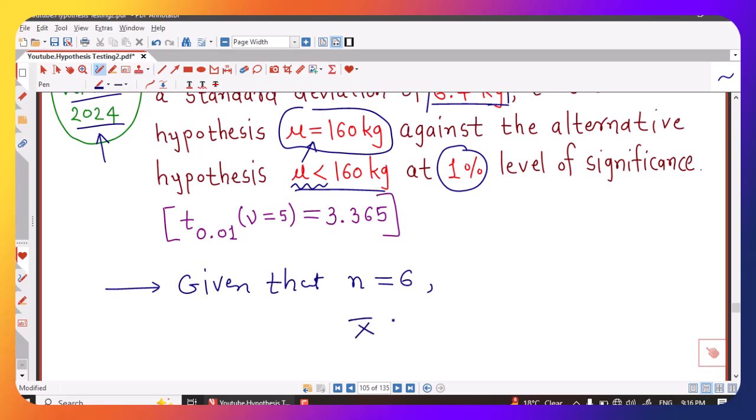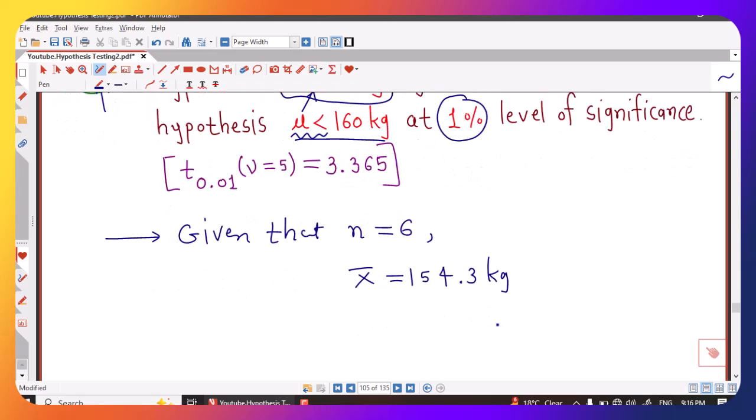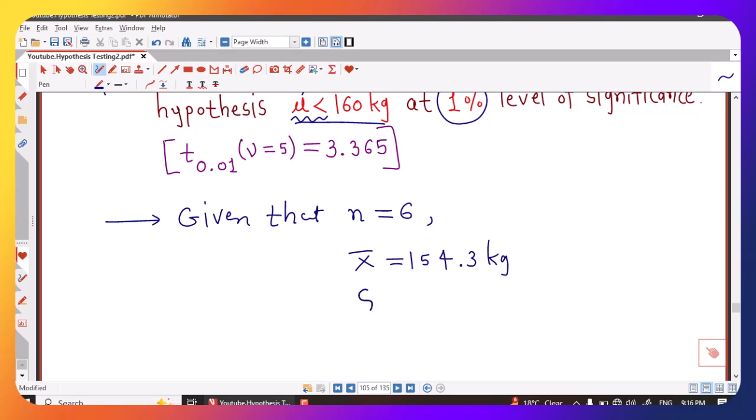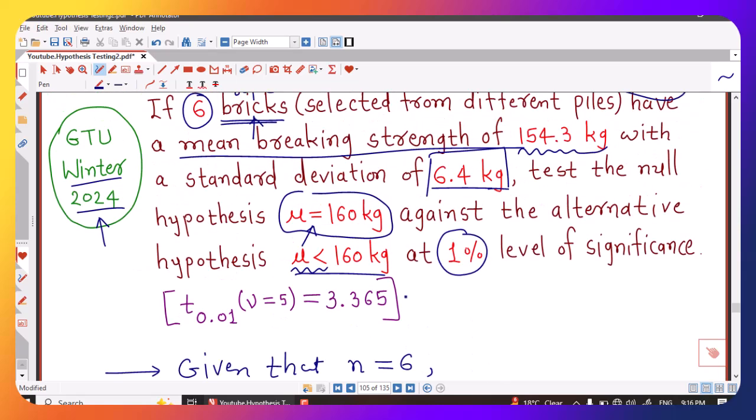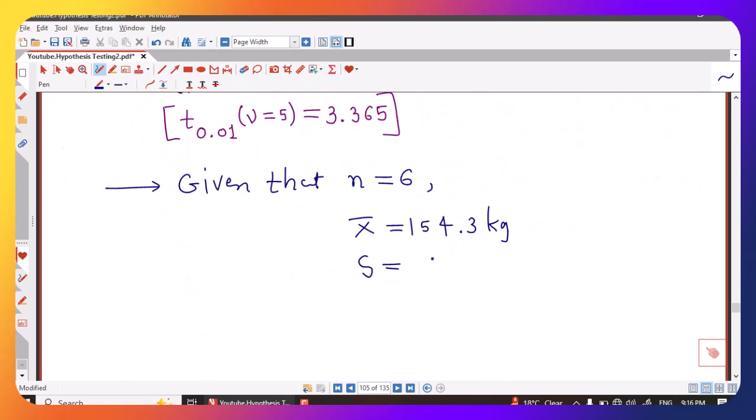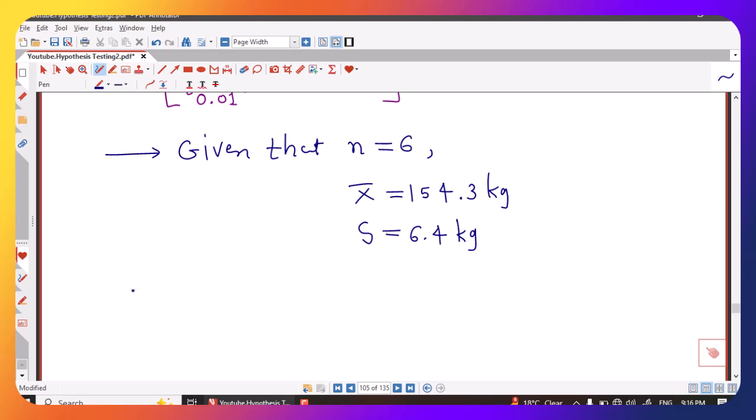That is, sample mean is 154.3 kg and standard deviation for this sample is 6.4 kg. And they have already given the null and alternative hypothesis.